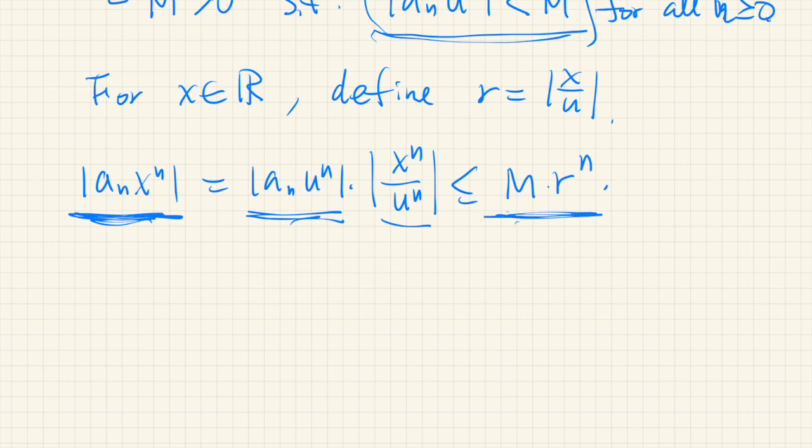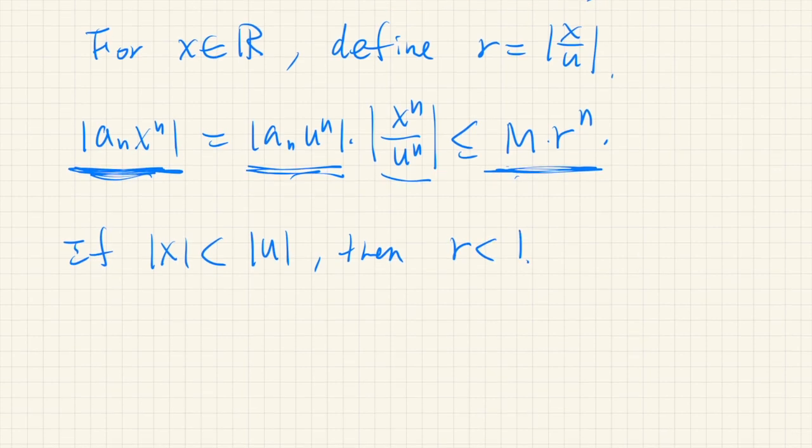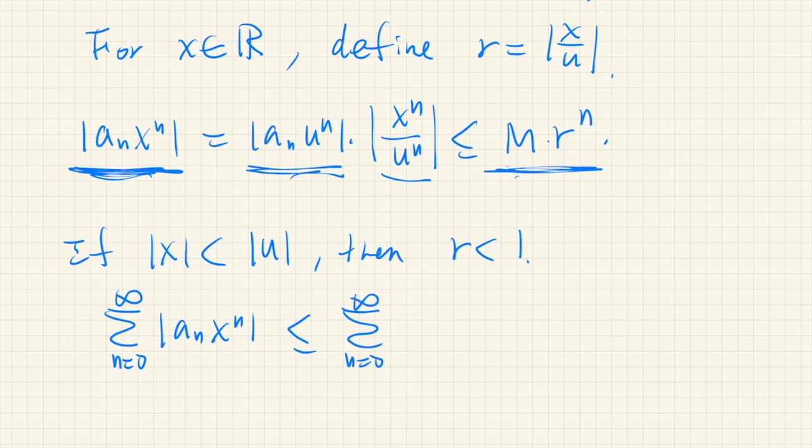Now, if the absolute value of x is less than the absolute value of u, then r is less than 1. So that means the absolute value of this power series is less than or equal to the series, the sum of M times r to the power of n.